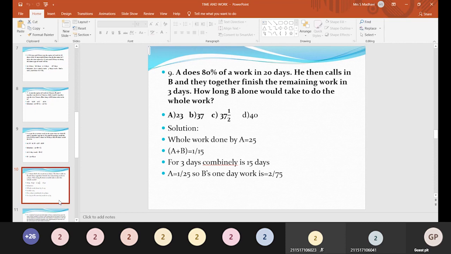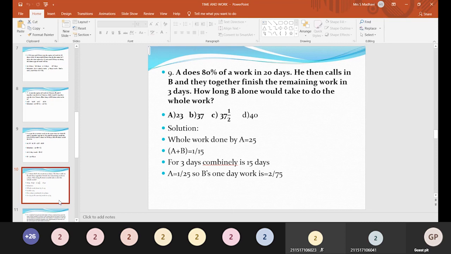Now, the remaining 20% means he then calls B and they together finish the remaining work in 3 days. So 1 minus 4 by 5, we get 1 by 5 work is done by A and B in 3 days.